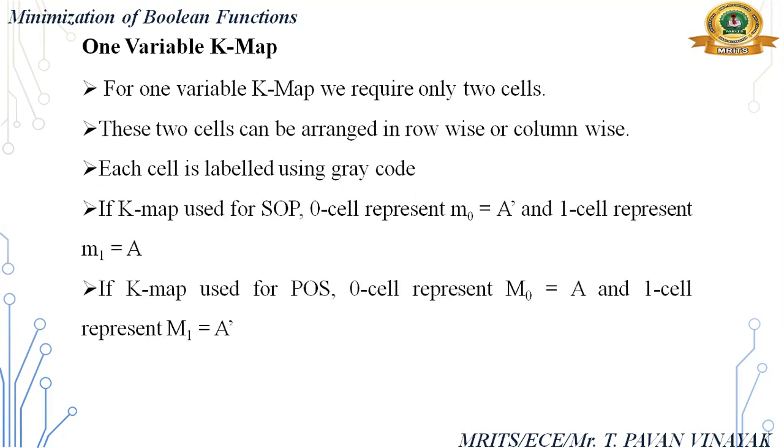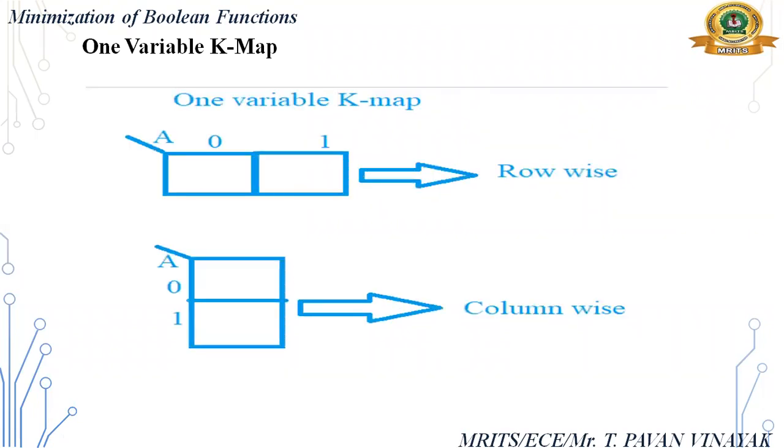Let us see. One variable K-map. This is the row wise notation, and the second one is the column wise notation. Row wise notation, column wise notation. This is the zeroth column, this is the first column.